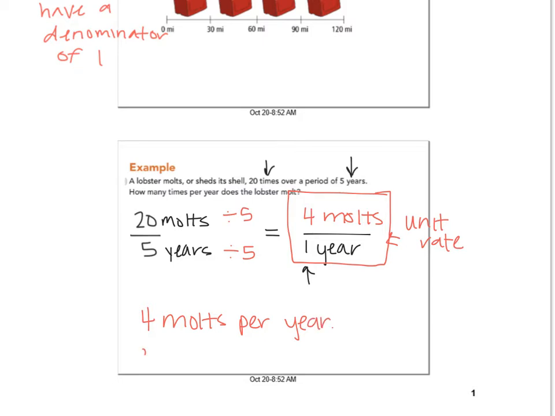Or you could even say 4 molts per 1 year. That would be fine too. But you have to include per year in there, because that is how we know that we're comparing molts versus years.